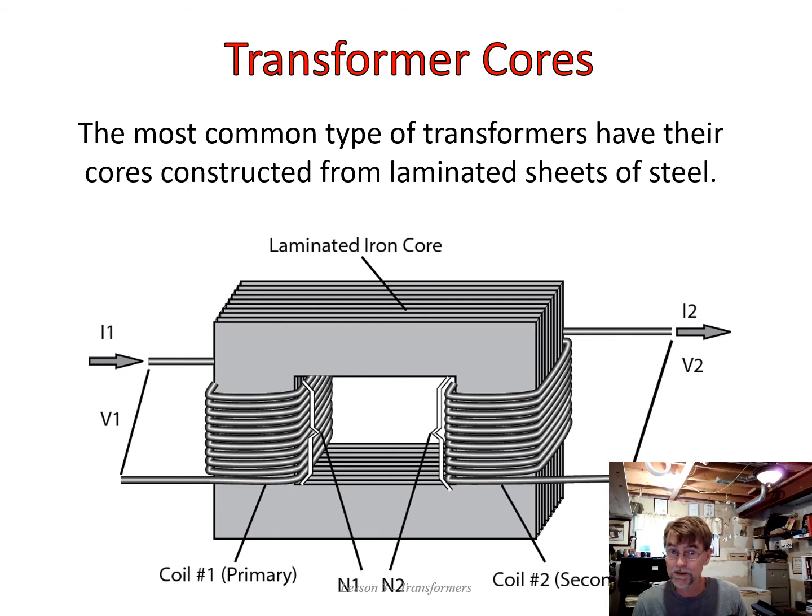There's going to be induced voltage in the core itself, which is going to push current through the core itself. If it's a great big hunk of iron, you're going to have fairly large currents. But by laminating it, by cutting it into very thin slices, we really reduce that eddy current effect. And that's another loss that we're trying to minimize. I think the next slide gives us another picture to have more conversation about this.